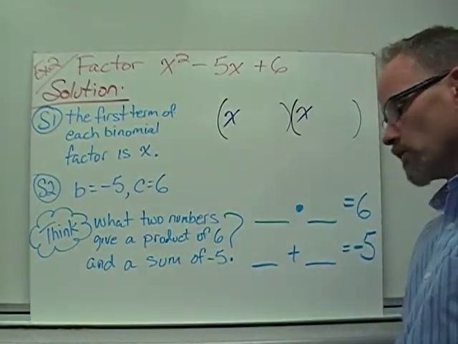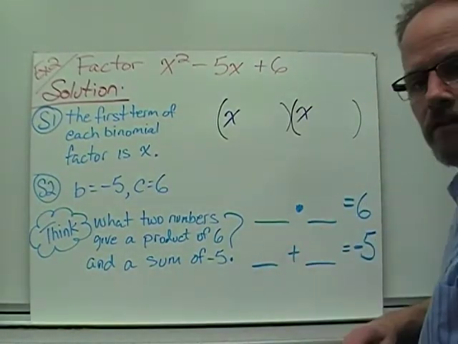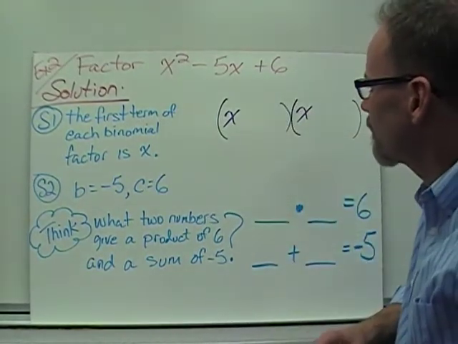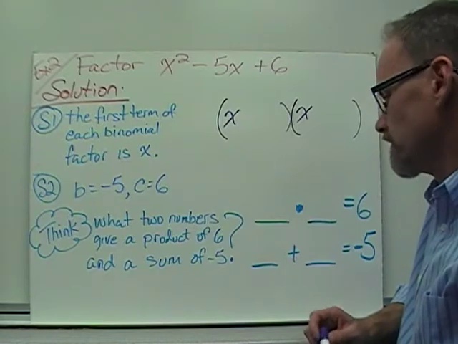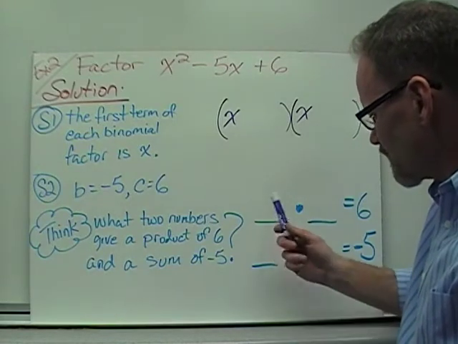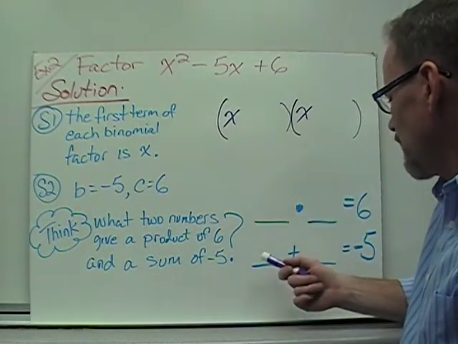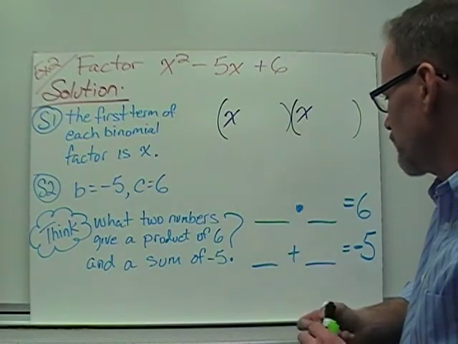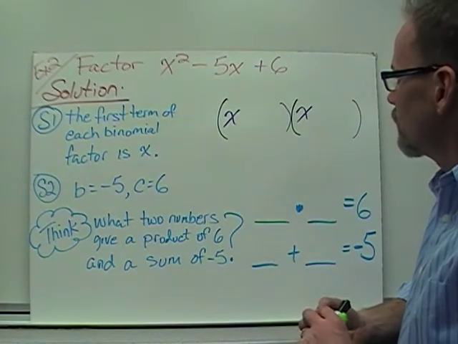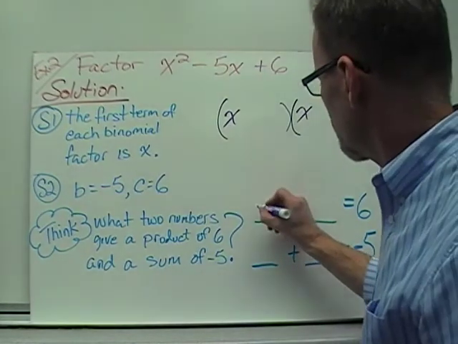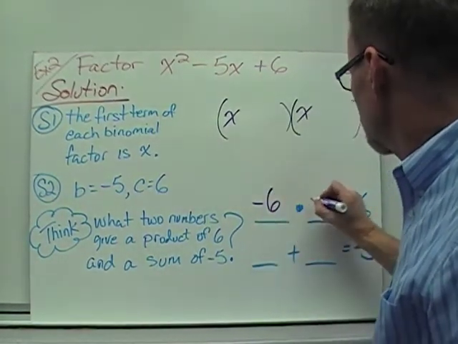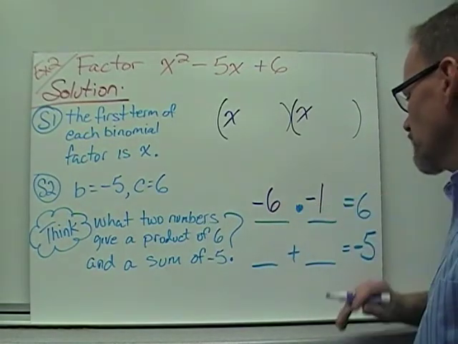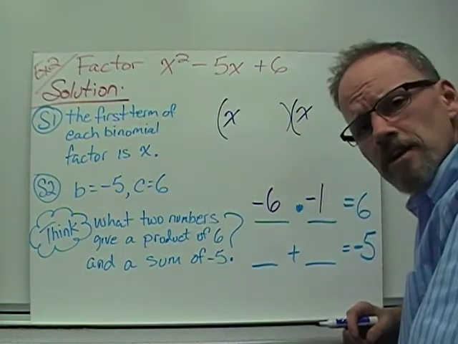And we can just come on over here, and we can just kind of test it out. Let's see. We were just doing that, 6 and 5. 6 times 1 is 6, and I can do some negative in there. So let's see. What if I did -6 times -1? -6 times -1, would that give me a +6?